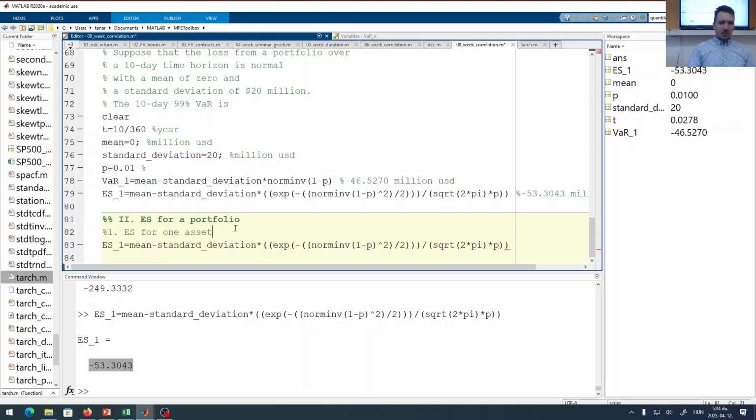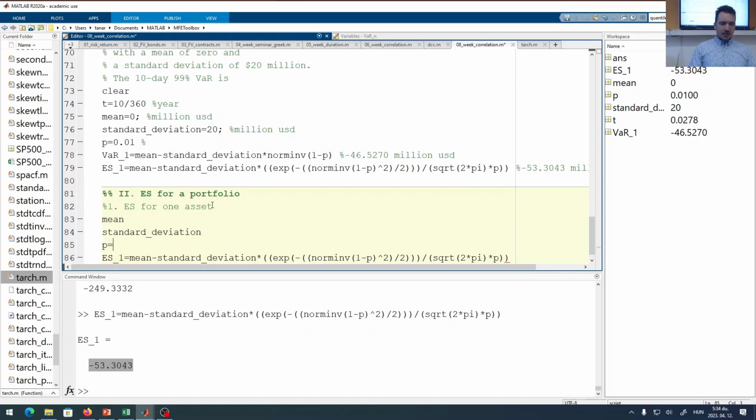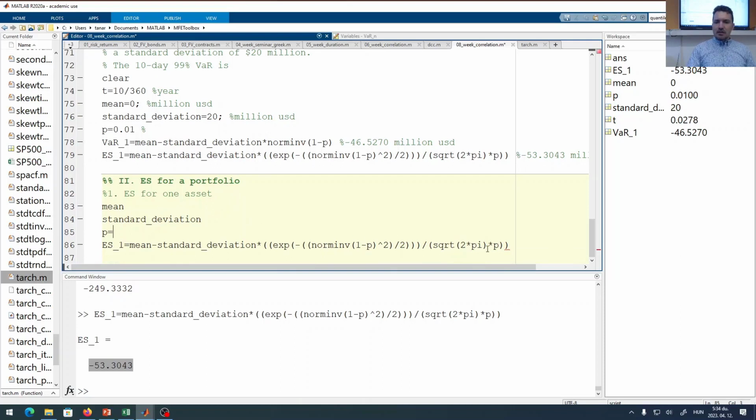So we need the mean to be defined, we need the standard deviation to be defined, and we have the probability to be defined, and nothing further.